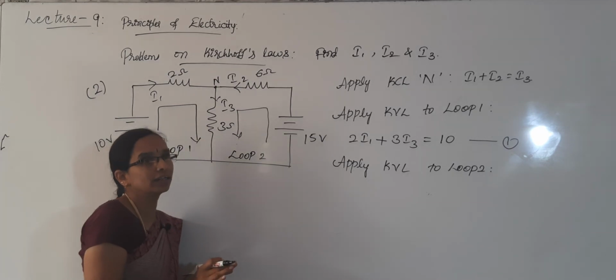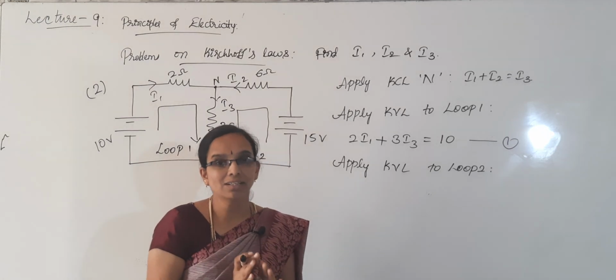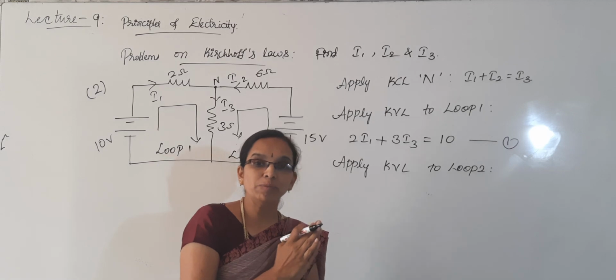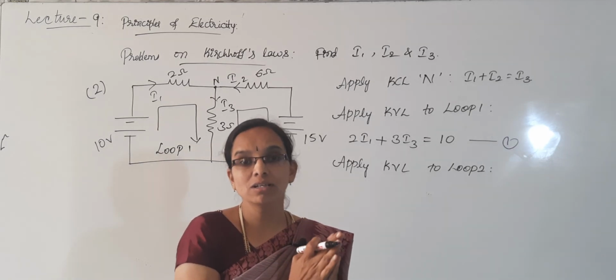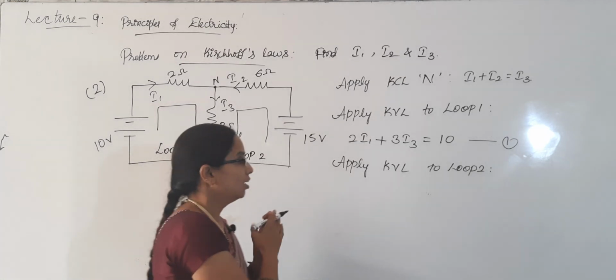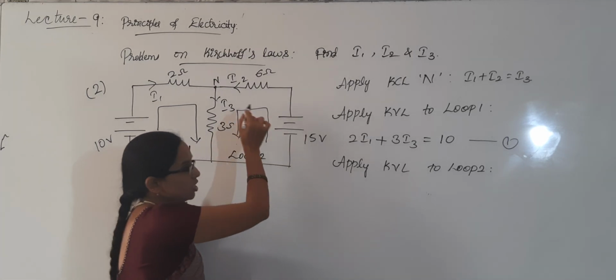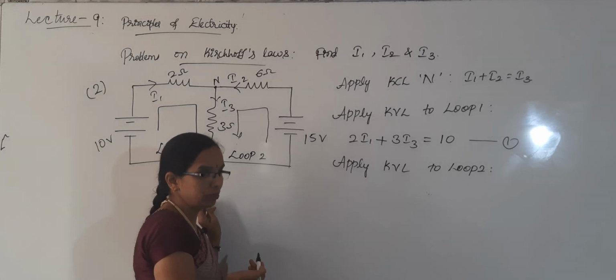However, you can take either direction and you will get the same values. Taking the direction is not that important. You can take any direction, but while putting the values, you should be very clear about the sign convention. In any direction you can take and solve the problem, but the final answer should be the same.